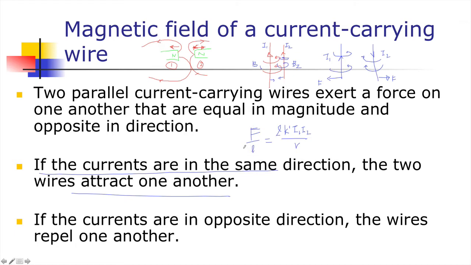F represents the force between the two current carrying wires, and L is the length of the wire. The textbooks use k', a constant equal to 1 times 10 to the power of -7, with units of Newton per ampere squared.